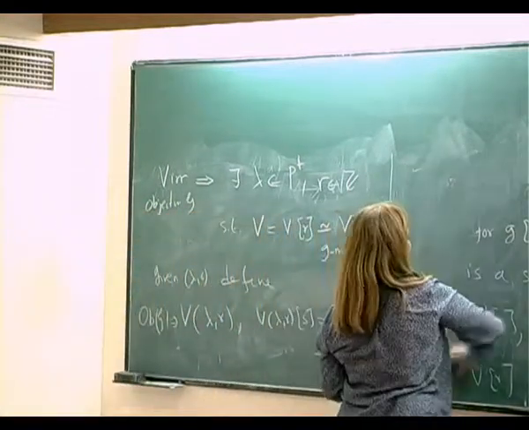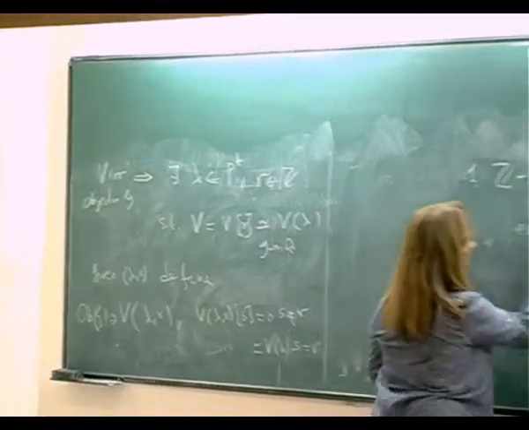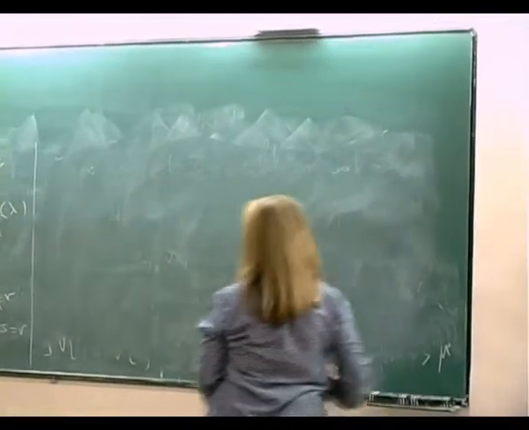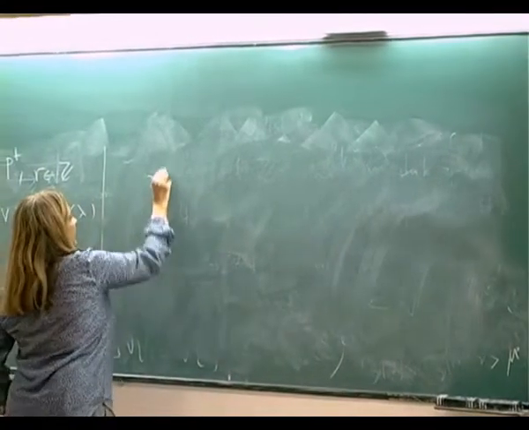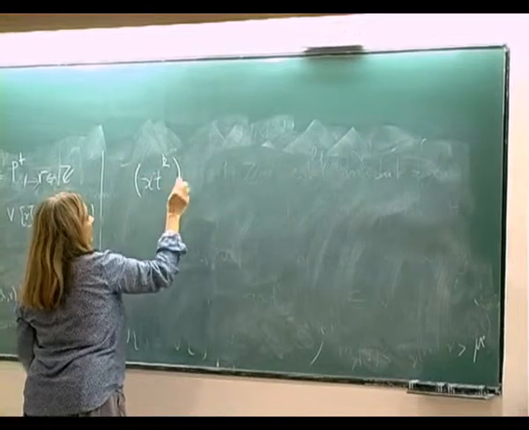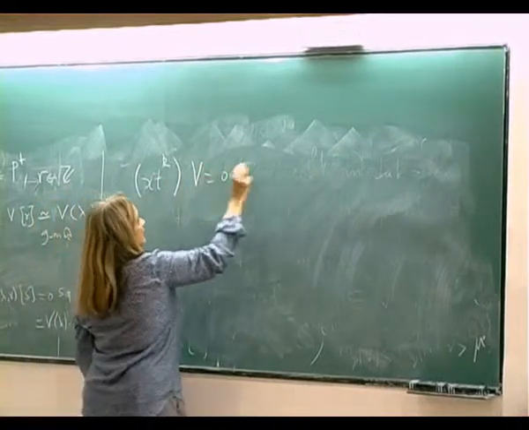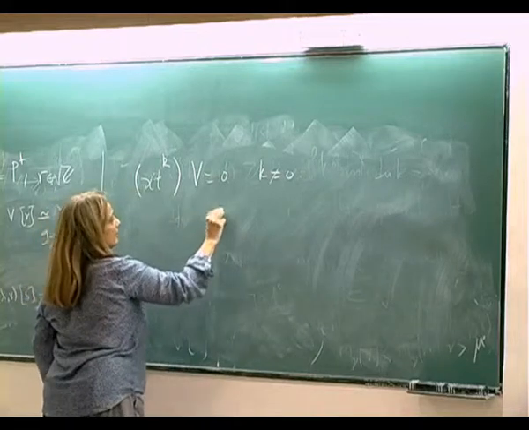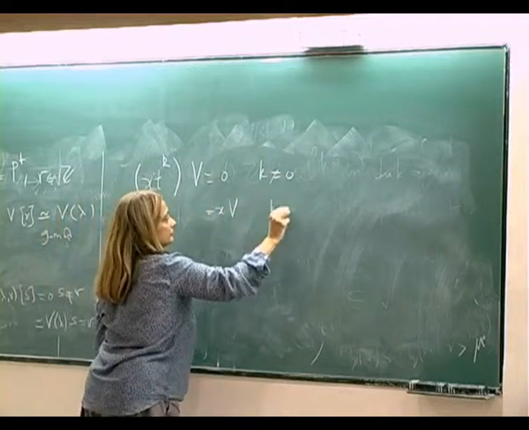In the obvious way. Xt will act as scalars, as evaluation at 0. So Xt power k on V will be 0 if k is not equal to 0, and otherwise it will be X acting on V.